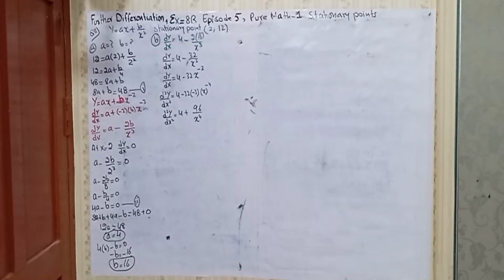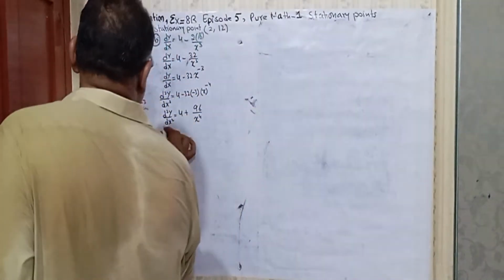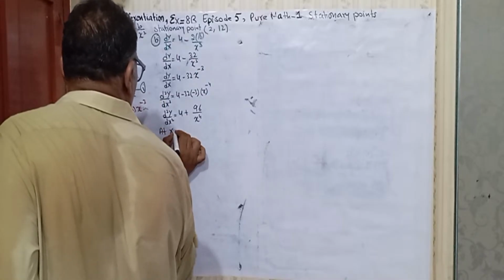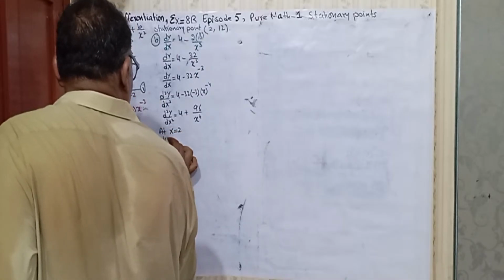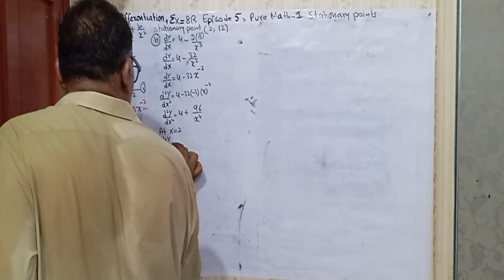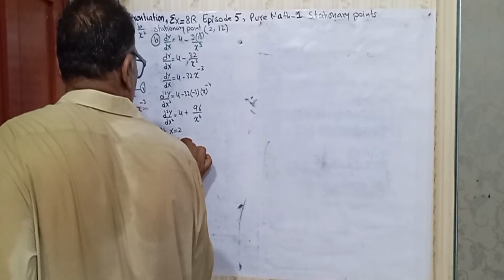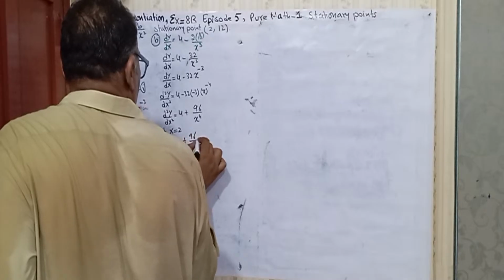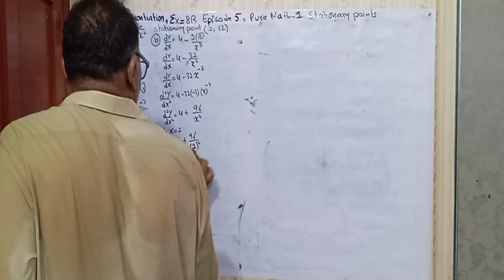Okay, so now I know the expression for the second derivative. Now what we will do, I will put x equal to 2 in the second derivative to find out the nature of this point, whether this point is a maximum point or a minimum point. So at x equal to 2, my d square y by dx square will be equal to 4 plus 96 divided by 2 raised to power 4.